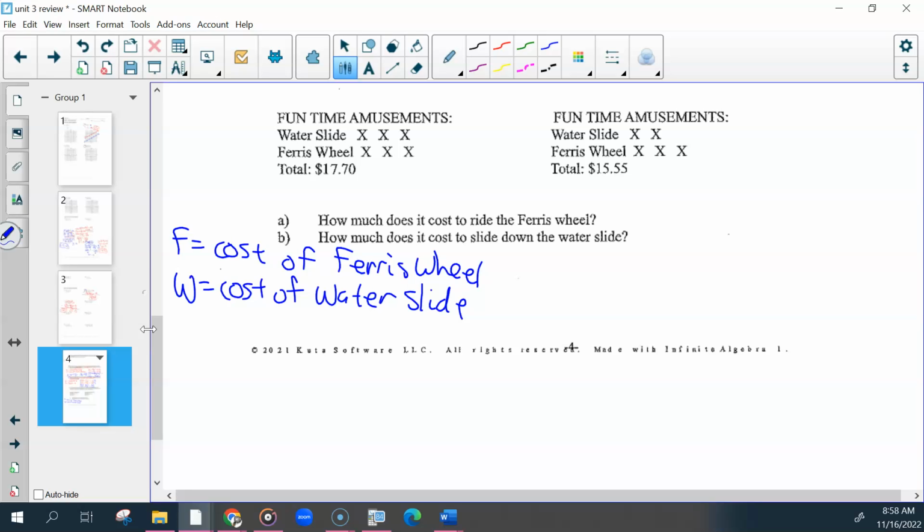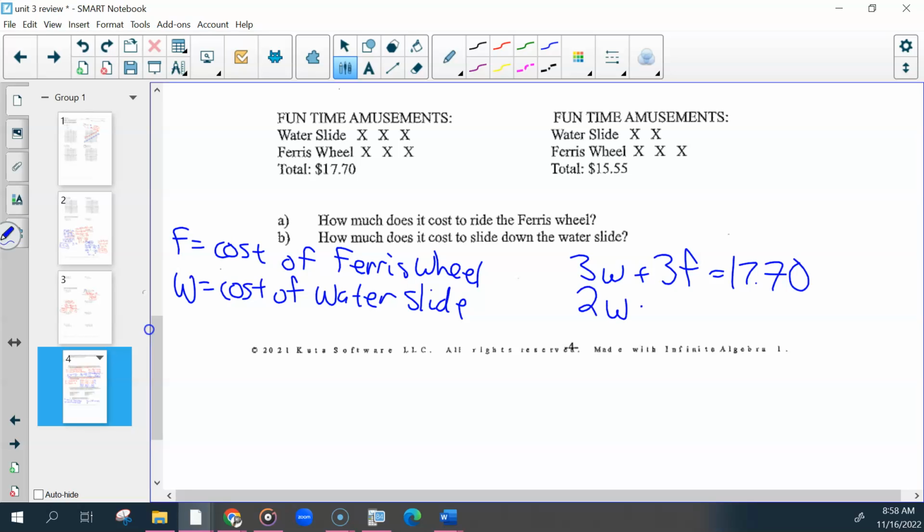To set up this equation, you would look at the number of times their card or ticket was punched. So 3 times for the water slide, 3 times for the Ferris wheel, this was their total. 2 times for the water slide, 3 times for the Ferris wheel, and this was their total. So you would set up the equations using those numbers. So 3W plus 3F equals 1770.